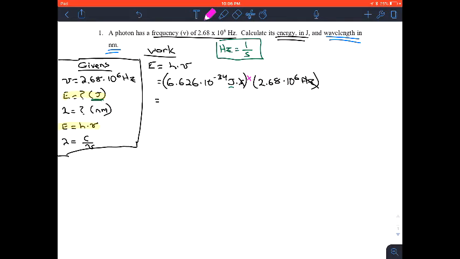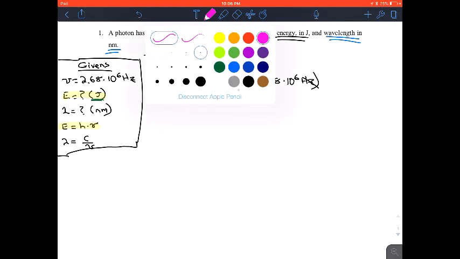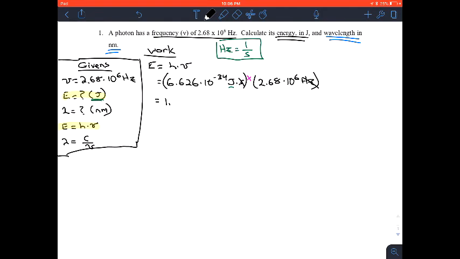So I'll type that in now: 6.626 times 10 to the negative 34th multiplied by 2.68 times 10 to the 6th. And your final answer that you come up with is 1.775 times 10 to the negative 34th. Oh, sorry. 10 to the negative 27th joules.